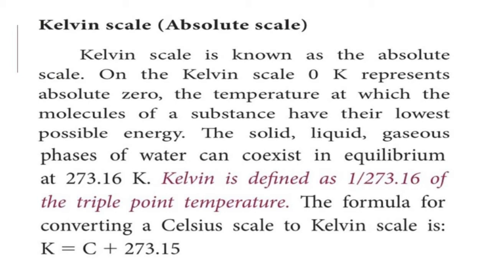So Kelvin is defined as 1/273.16 of the triple point temperature. The formula for converting a Celsius scale to Kelvin scale is K = C + 273.15.